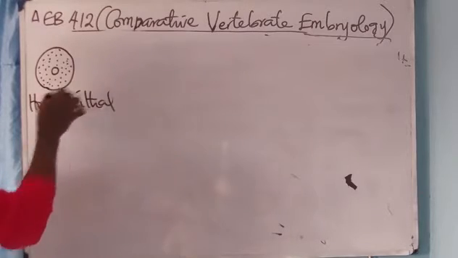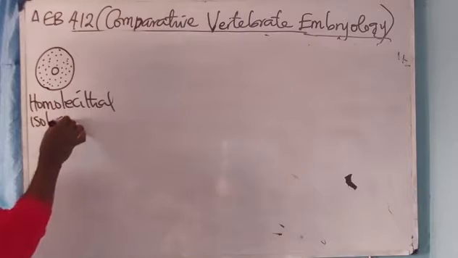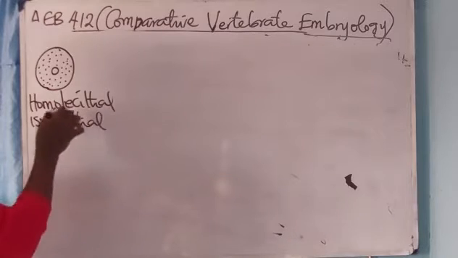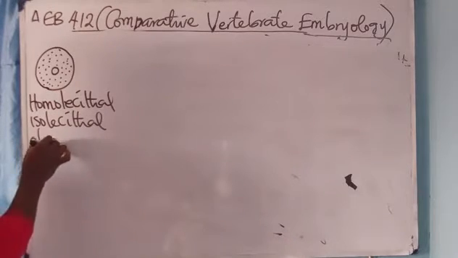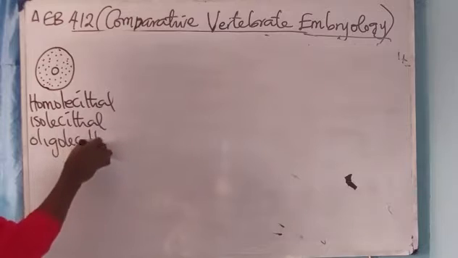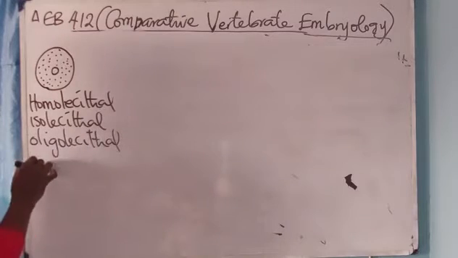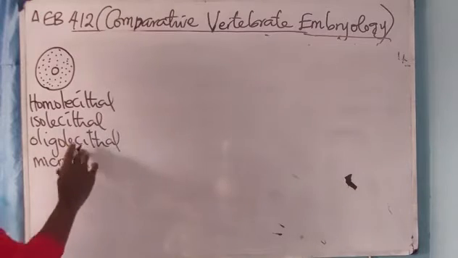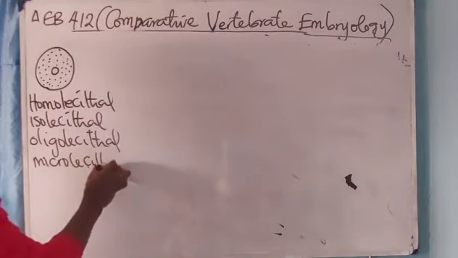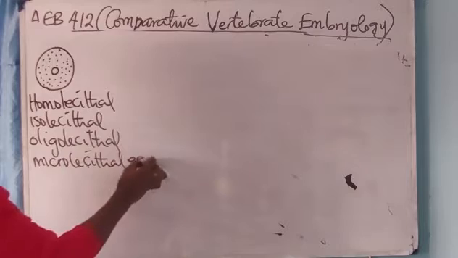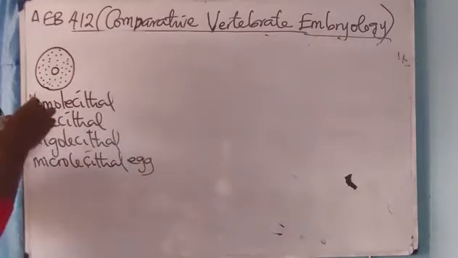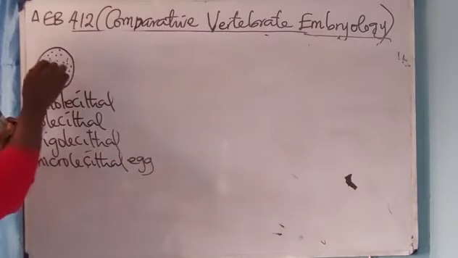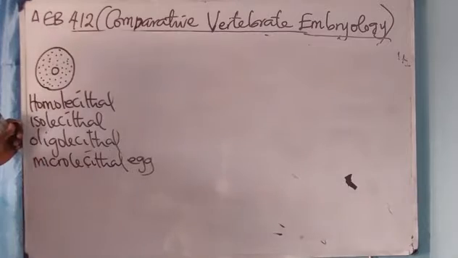The homolecital or isolecital or oligolecital or microlecital egg. Alright, you can see now that the yolks are evenly what? Distributed. They are distributed equally.